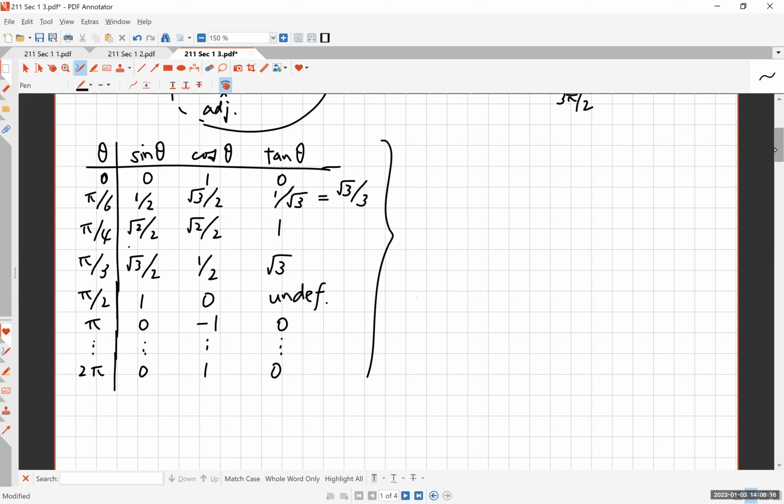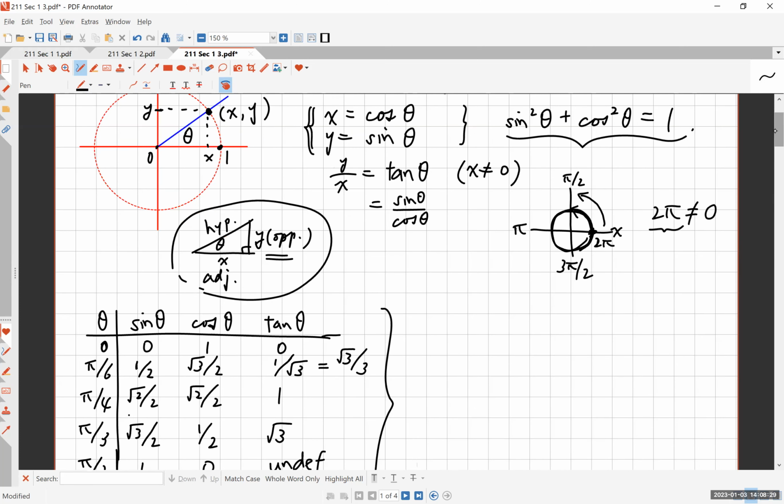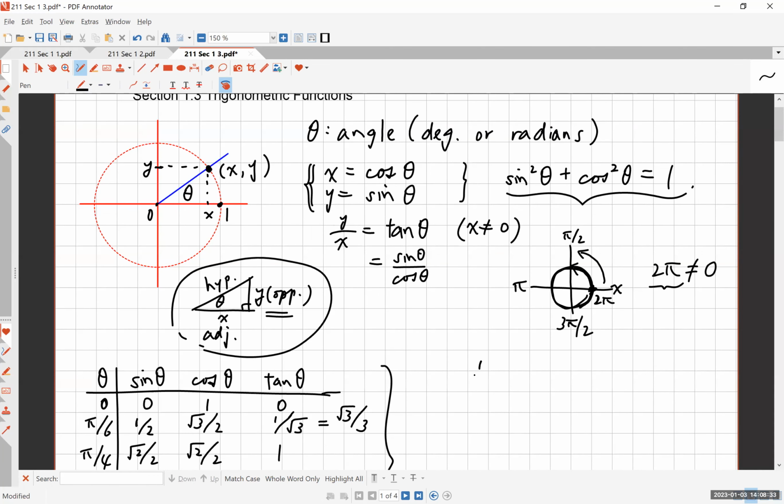I have given you the definitions of the first three trigonometric functions, sine, cosine, and tangent, or in my order, cosine, sine, and tangent. And then we have the reciprocal ones. If you take the reciprocal of sine, 1 over sine, that is called cosecant of theta.